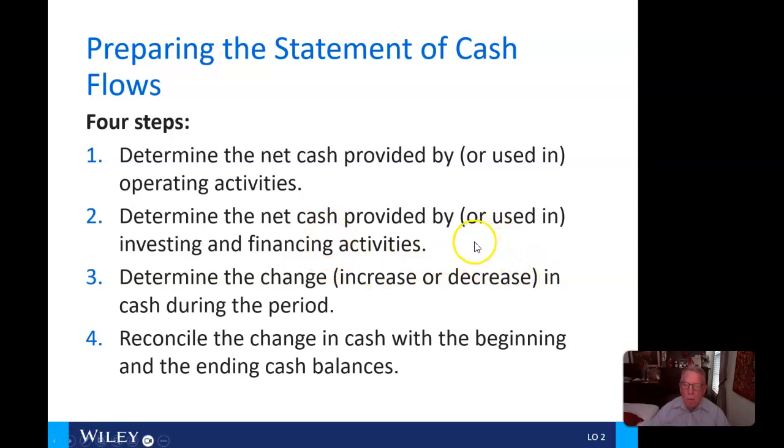But also, we can use or provide cash for investing and financing activities. And then we're going to determine the change, the increase or decrease in the cash during the period. And of course, we'll reconcile that change in cash. That ending cash position in the statement of cash flows should tie back to the balance sheet.